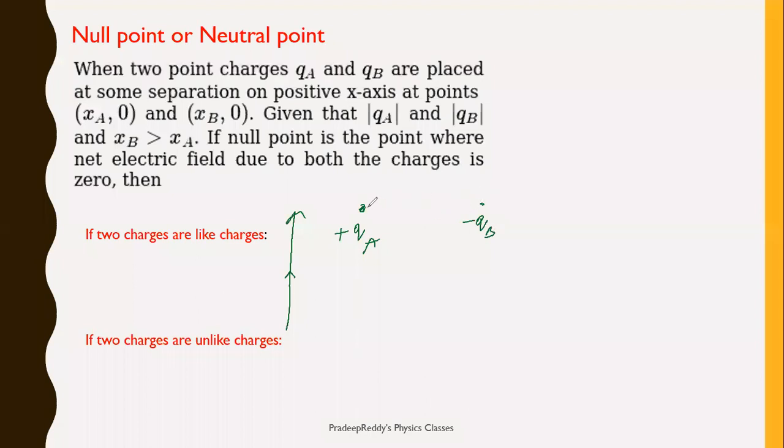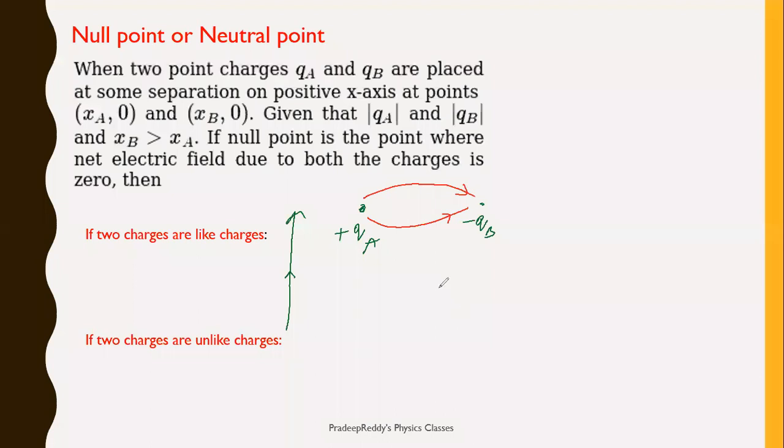Definitely for QA and QB, the field lines will be like this. Field lines start at QA and they end at QB. Therefore, you will not get a null point between these two charges, because the flux lines or field lines start from charge QA and enter towards QB.